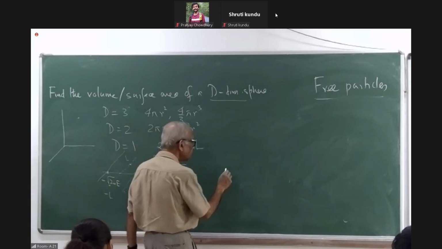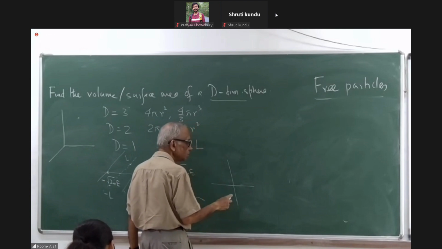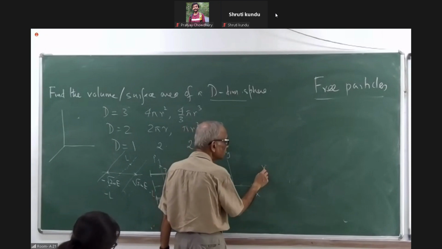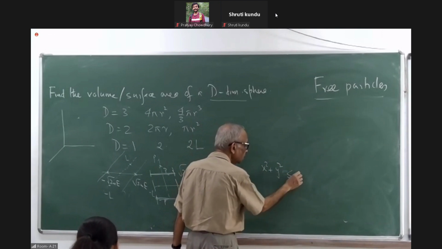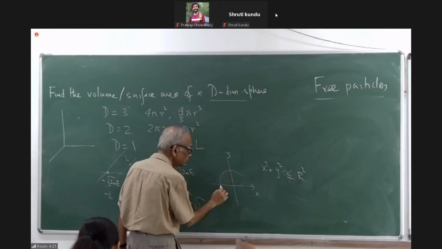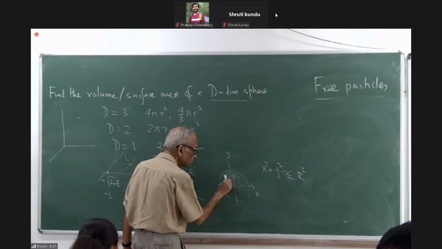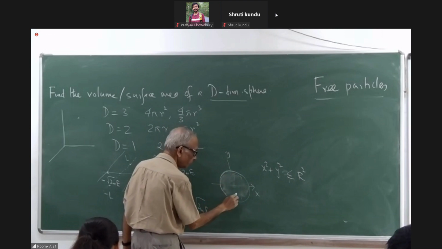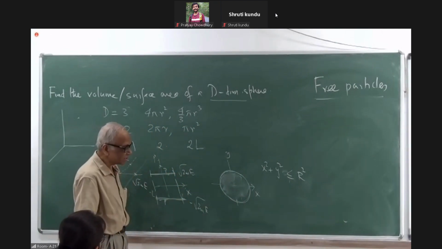If it is a single particle in 2 dimensions, life becomes immediately more complicated, because if you are saying that it is in the xy space and you are confined to the region x squared plus y squared less than or equal to r squared, then in the xy space it is going to look like this.